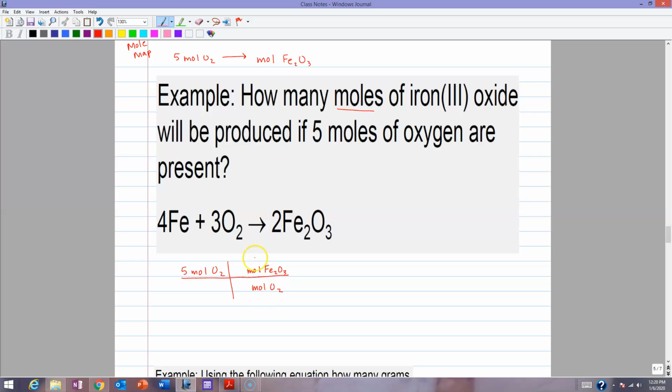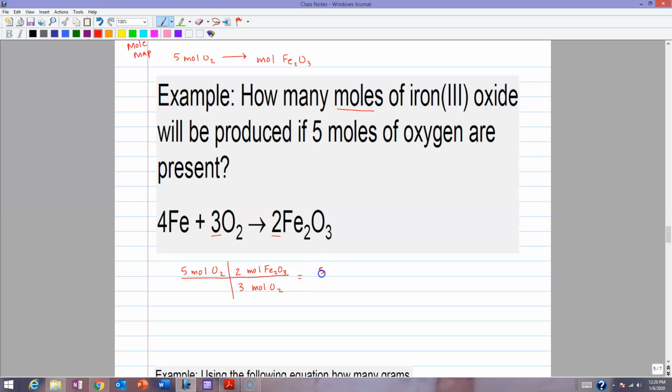I've got moles and moles in my conversion factor, so that means I have to look at the balanced equation. 3 moles of oxygen produces 2 moles of iron 3 oxide.